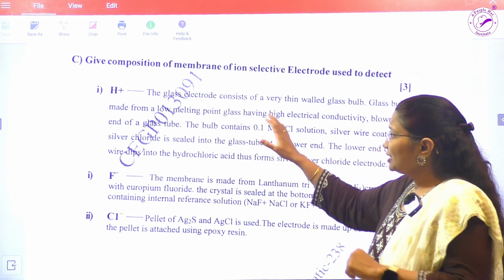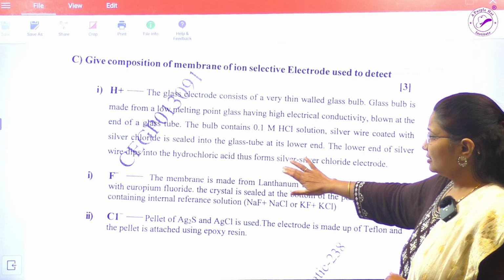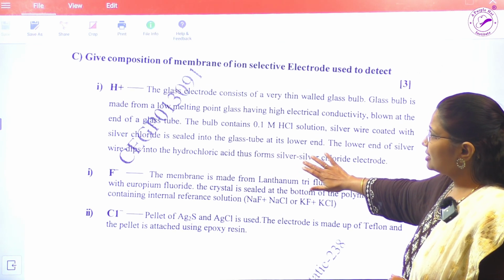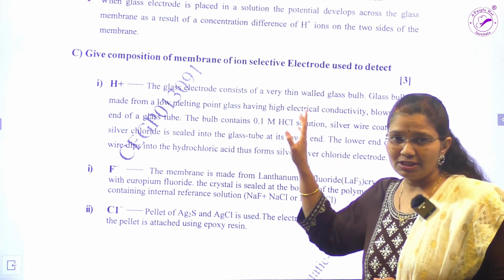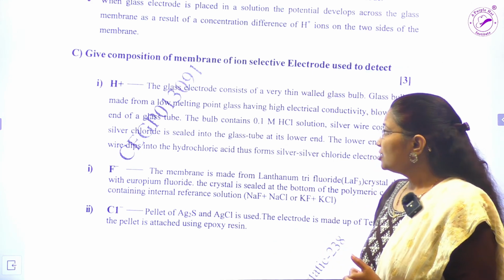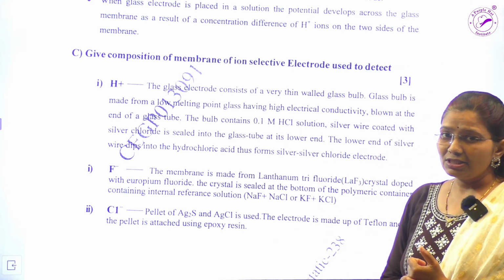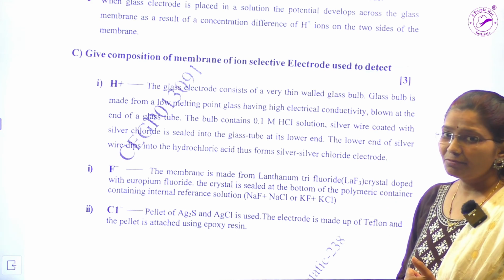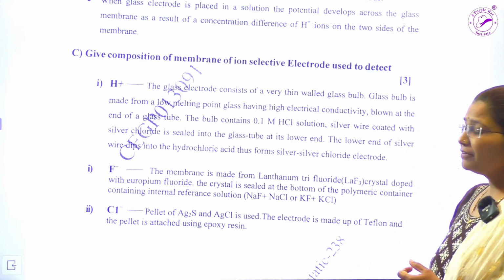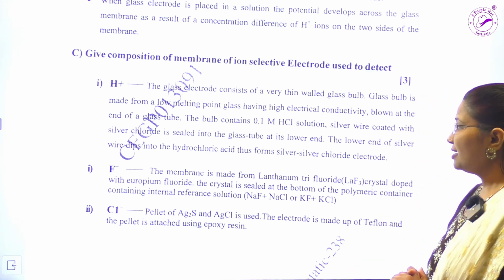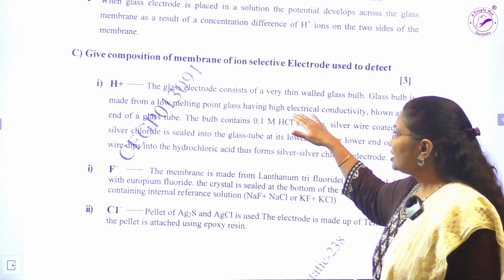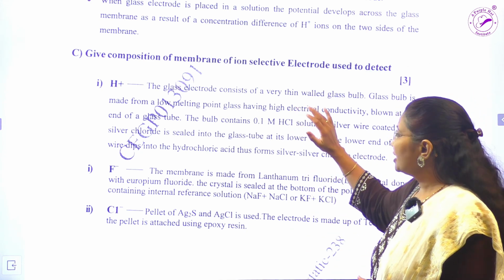Already you know how this glass electrode is constructed, which we have seen in the last question. This glass electrode consists of a very thin wall glass bulb, made from very low melting point glass to have high electrical conductivity.